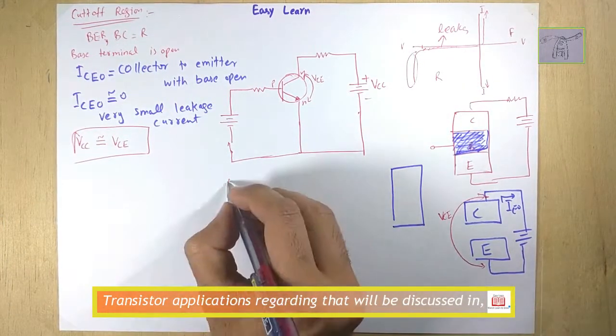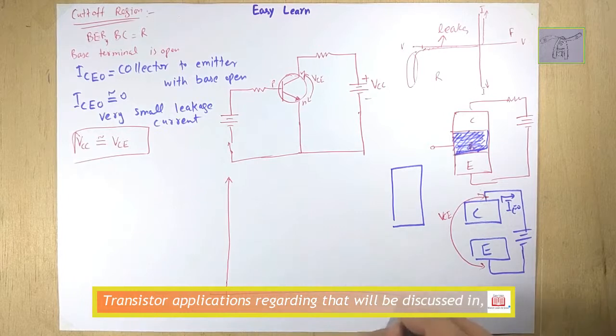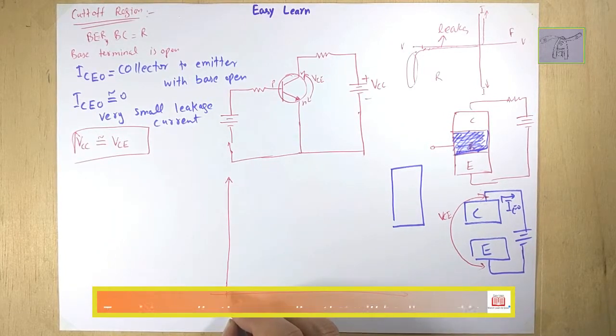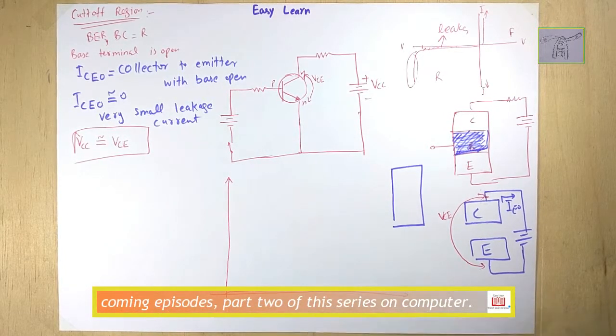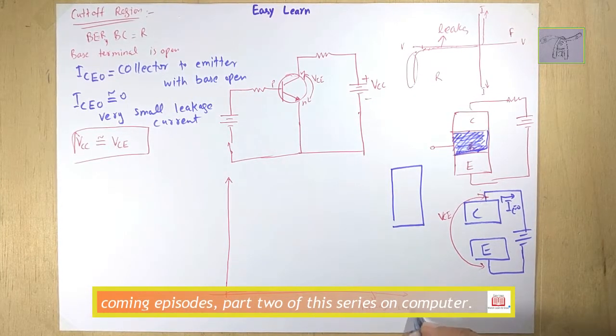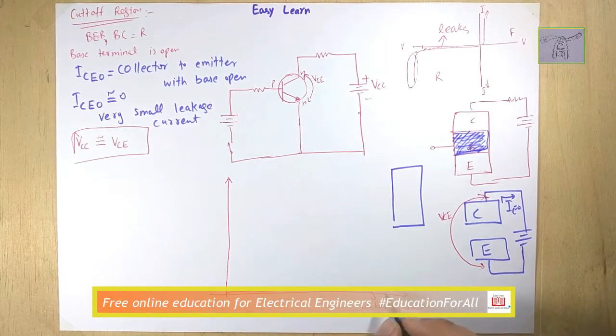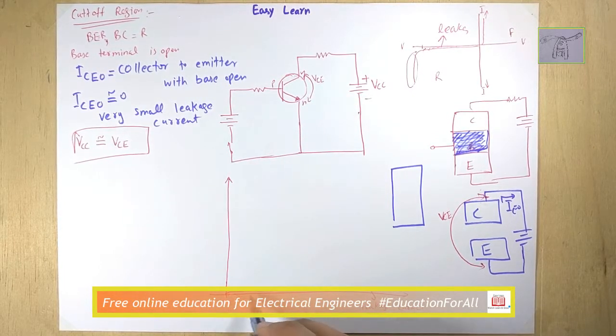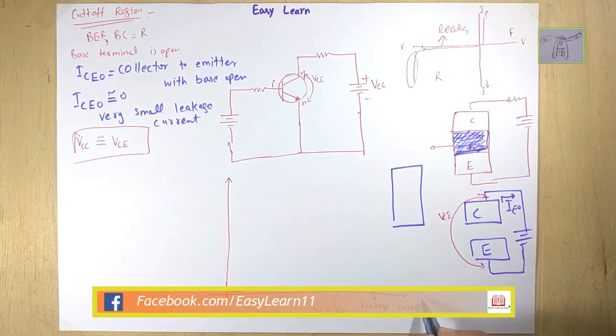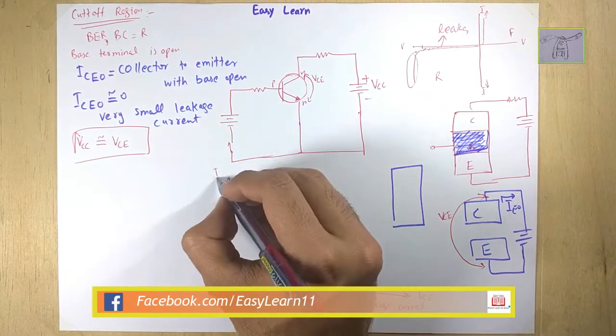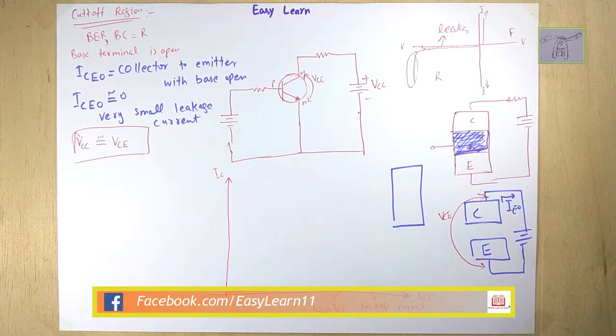In other words, the graph looks like this, and this is the leakage current, and at this leakage current you can see that VCC equals VCE. VCE increases toward the right side and IC increases toward the upper side.